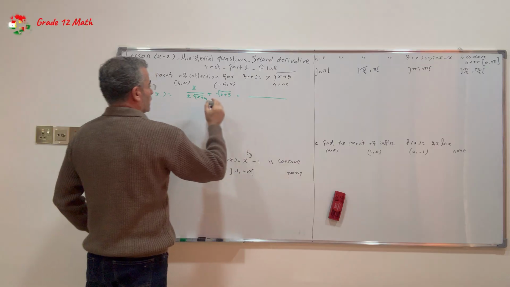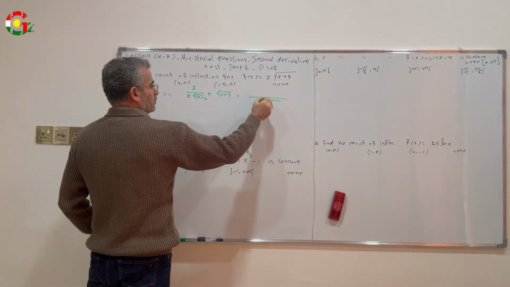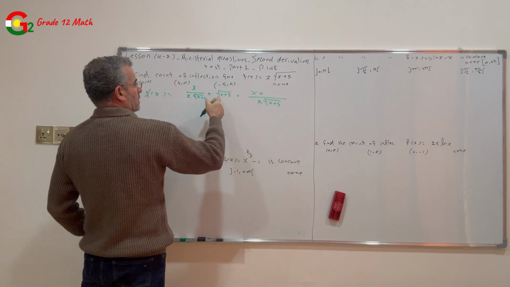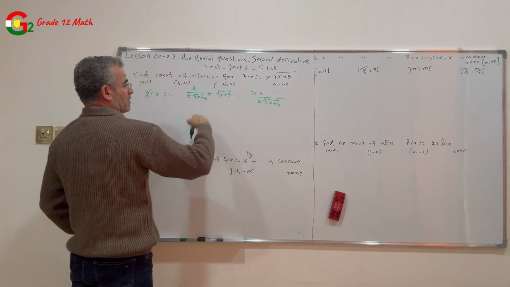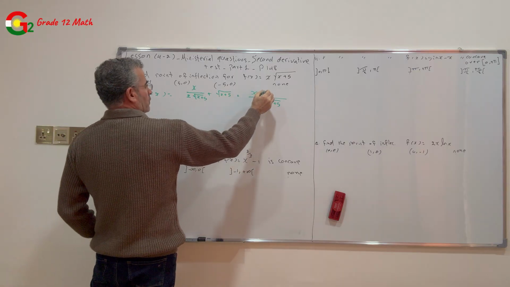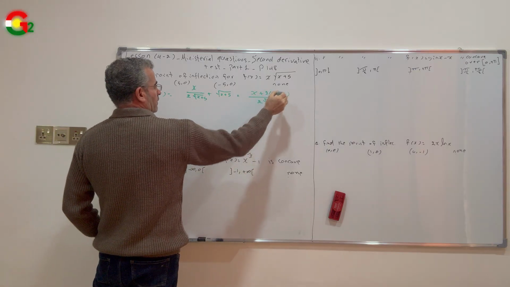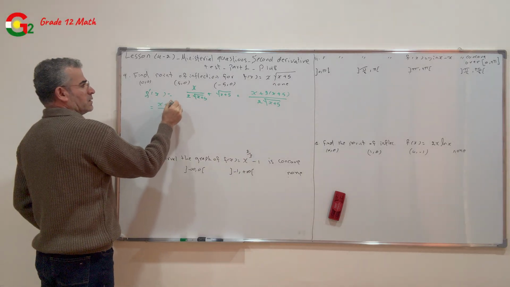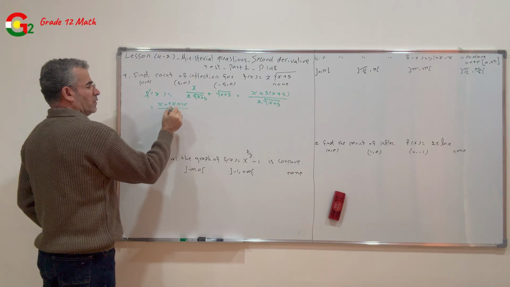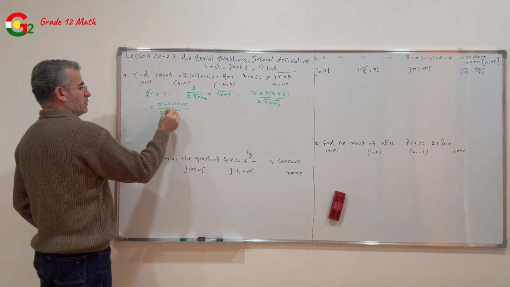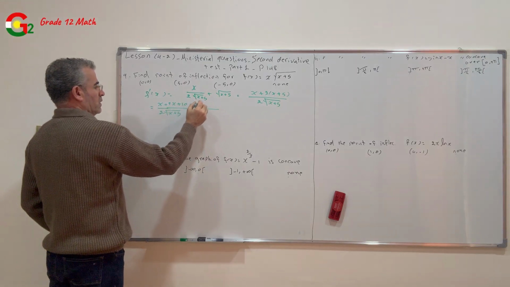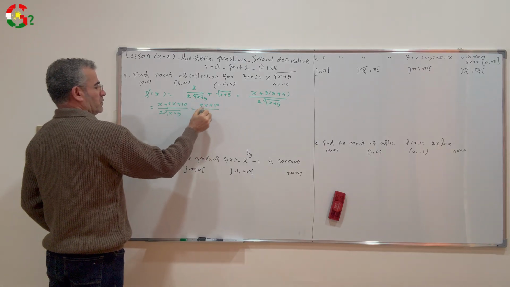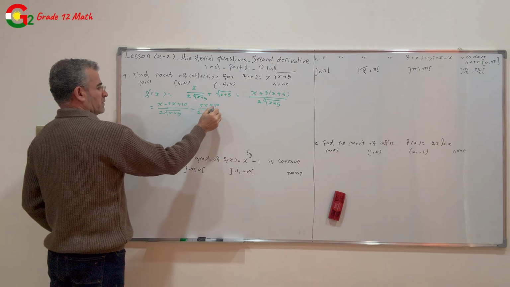Simplify with the common denominator 2 square root of x plus 5: x plus 2 times (x plus 5) equals 3x plus 10 over 2 square root of x plus 5.